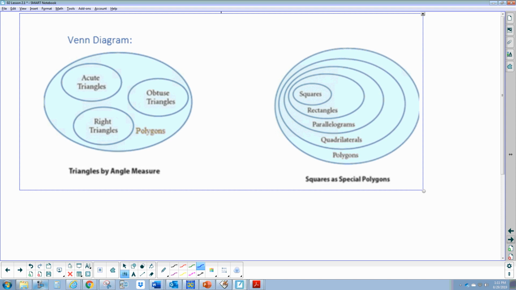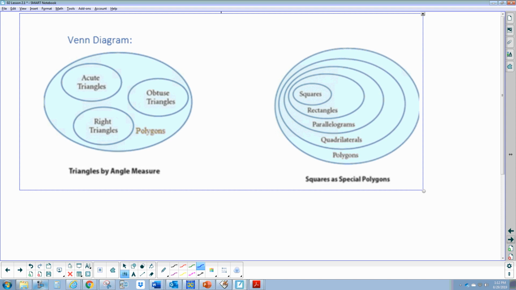So in polygons, we have a bunch of different shapes. We have shapes that have 3 sides, 4 sides, 5 sides, etc. And one of those shapes is triangles. Triangles have 3 sides. Now, within triangles, we have 3 separate groups. Okay, they are all polygons, but each triangle falls into a separate group.